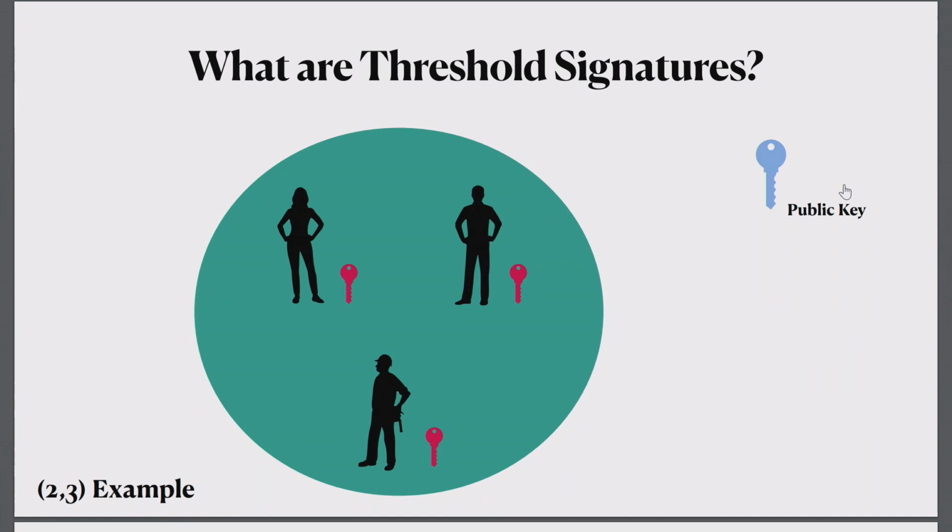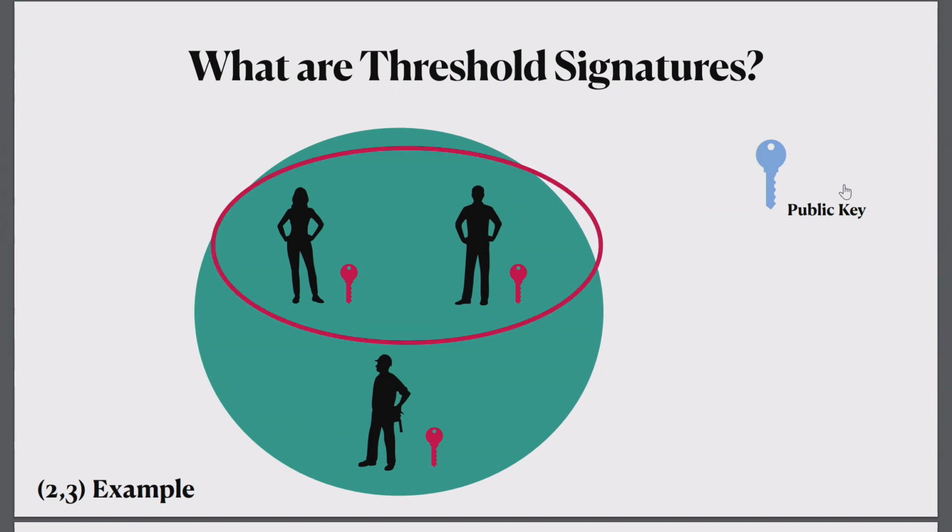I've been talking a lot, assuming you know what threshold signatures are, but you might not. So let's see what those are very quickly. A threshold signature scheme is a public-private scheme. Like any public-private scheme, there's a public key that's used for verification. But unlike single-party signatures, the signing key is partitioned among some set of signers. Here I'm showing you a 2 out of 3 example.